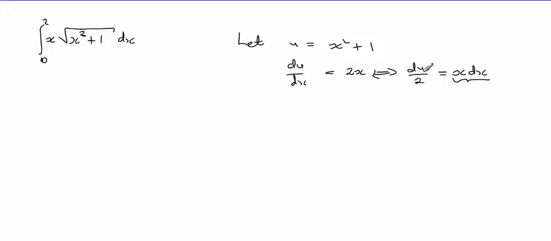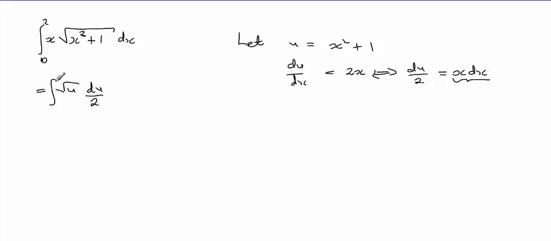As you can see, under the integral sign we've got this term x dx. Then we substitute this expression, and u for x squared plus 1. What follows is the integral of the square root of u du over 2.